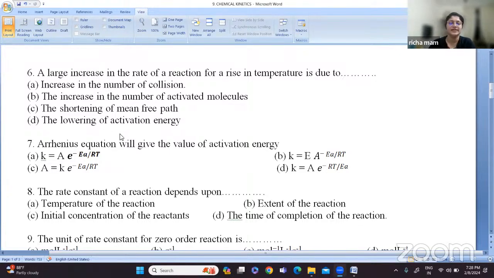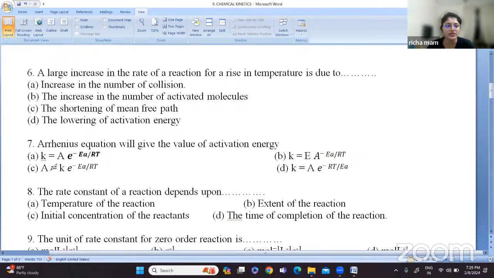Vedvati has answered it as D. Yes, so the answer is B. The large increase in the rate of reaction for a rise in temperature is due to the increase in the number of activated molecules. As the number of activated molecules increases, there will be an increase in the rate of reaction.